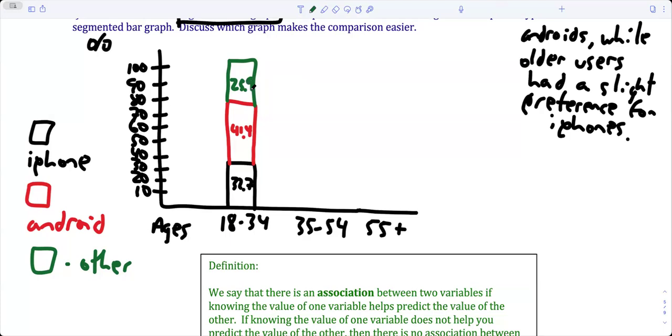Okay, so this is called a segmented bar graph, where it has each of the categories filling out the percentages there of 100 and broken down by the corresponding percentages. Okay, and so go ahead and do the other two ages.